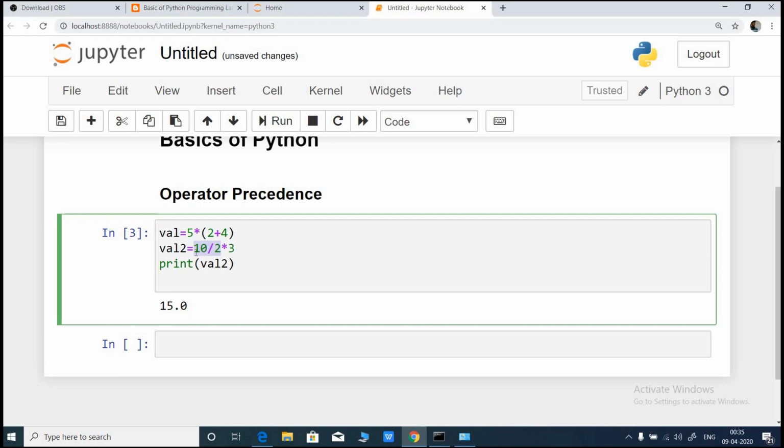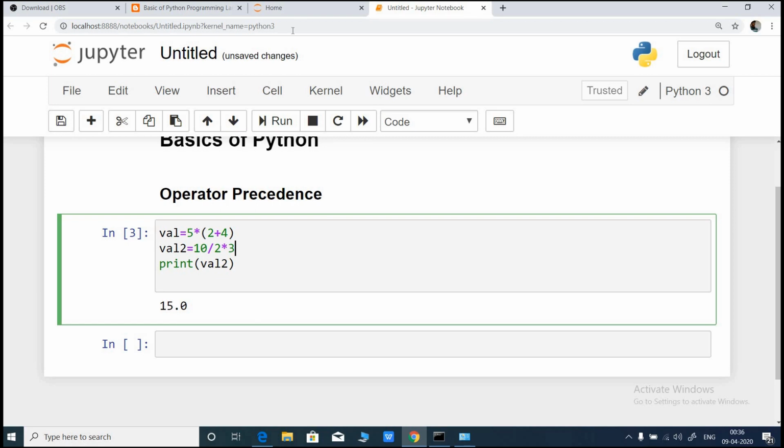When we divide 10 by 2, it gives 5.0, which is a floating point number. Then 5.0 times 3 gives 15.0. When we multiply a floating point number with an integer, a floating point answer is obtained. This is called typecasting, where the integer is upcast into a float and then the multiplication happens. We'll talk about typecasting, the types of typecasting and everything, later on.